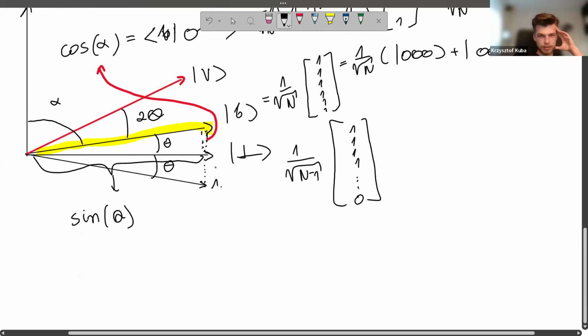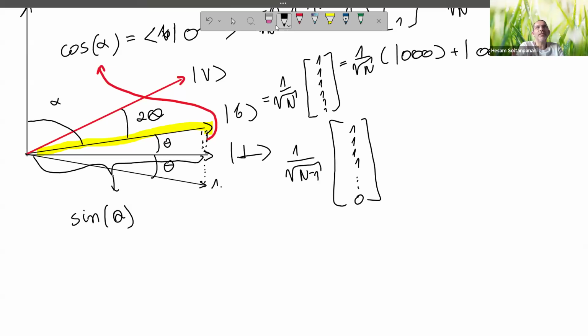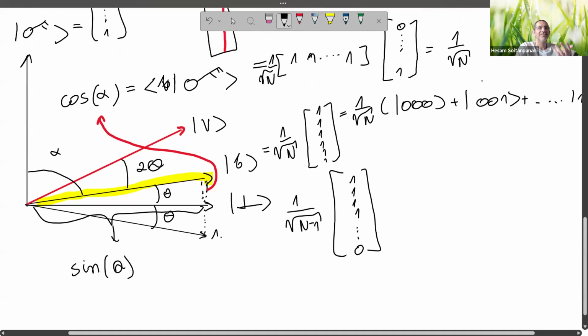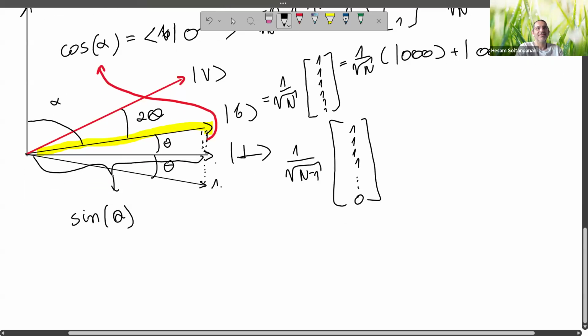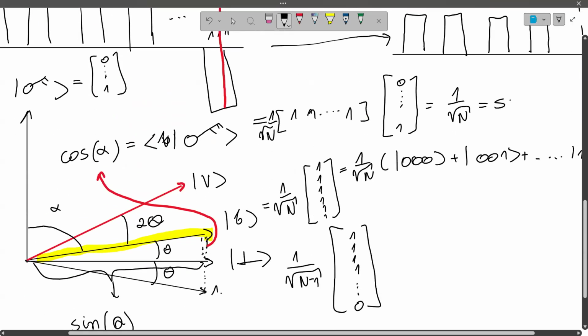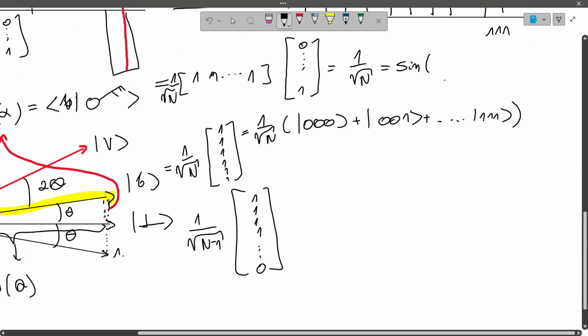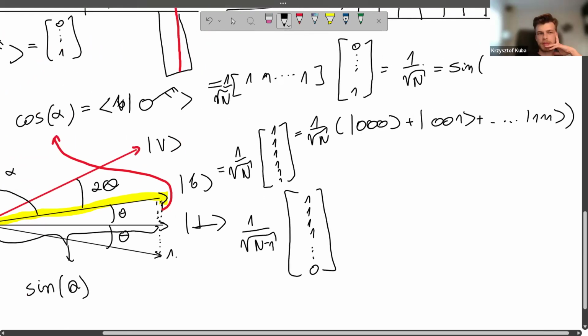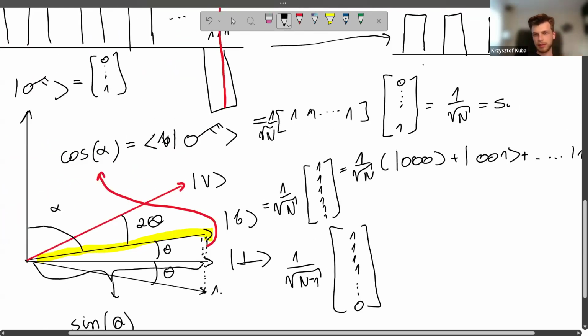Yes, this is correct. But cosine of alpha is equal to sine of theta, if you want. So alpha plus theta is 90 degrees.